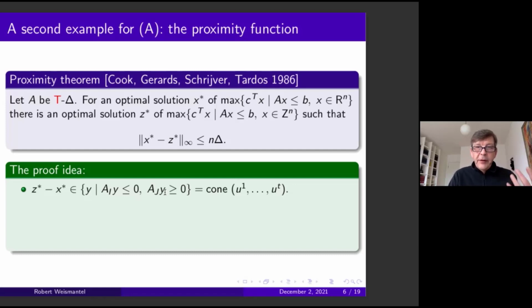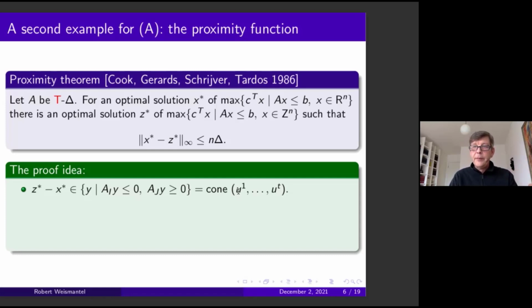So this defines a polyhedral cone. Now take this cone and consider the inner description of the cone. So u1 to uT are scaled extreme rays, scaled in a way that all entries are integral.